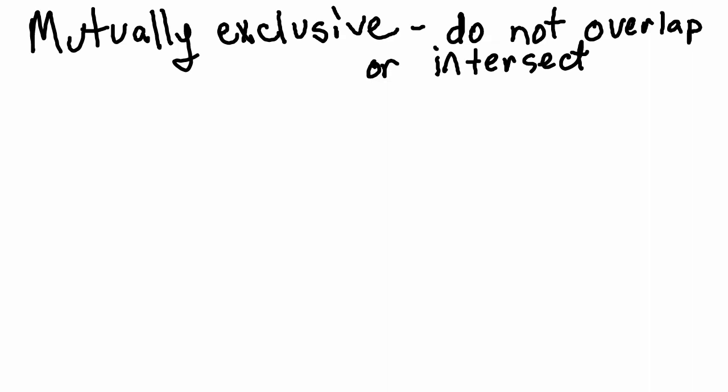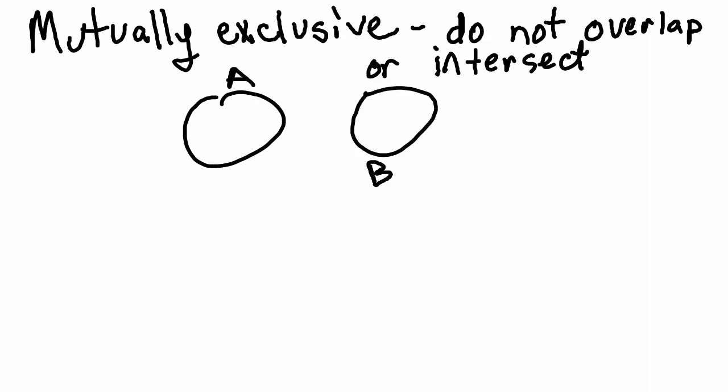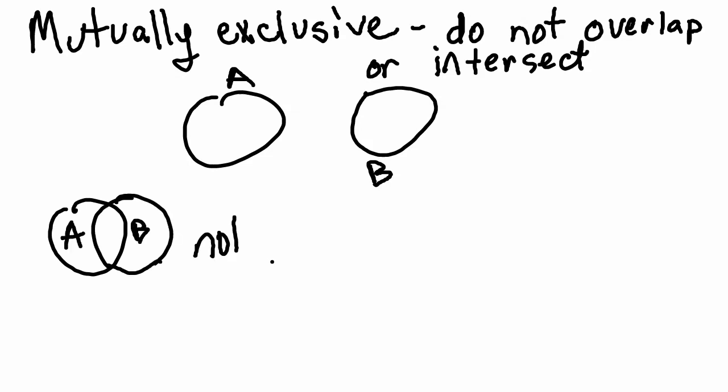So you would just have 2 sets that are separate like that. That would be mutually exclusive. If they overlap, then they're not mutually exclusive.